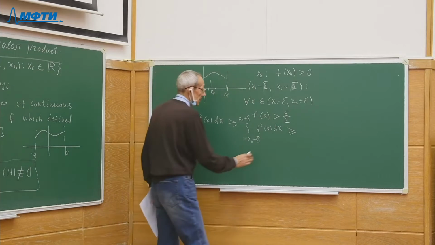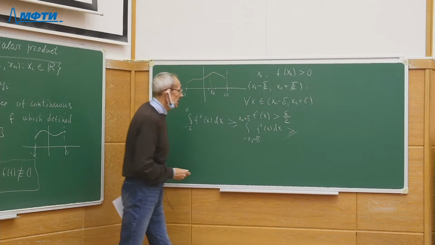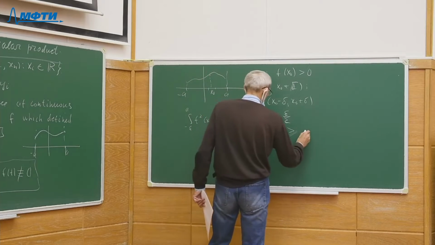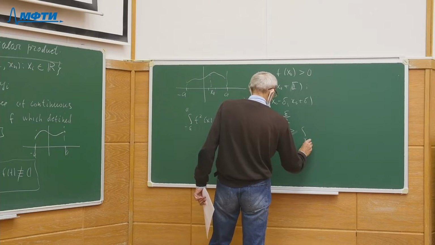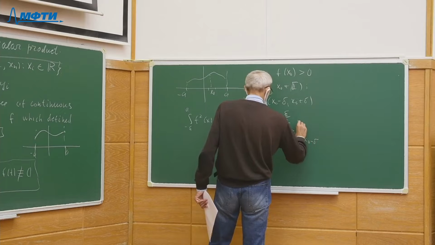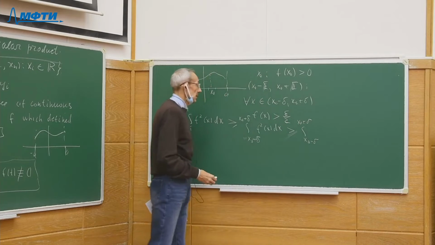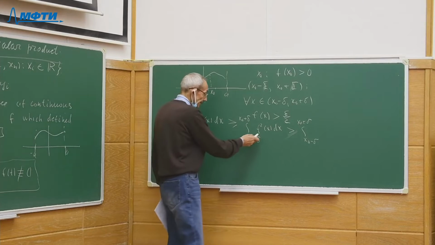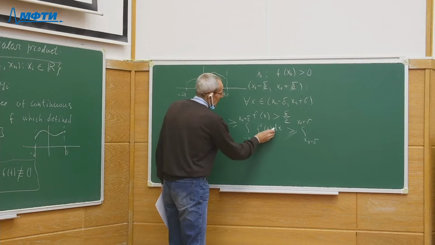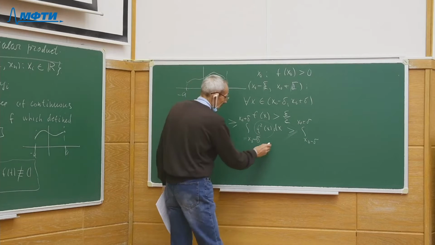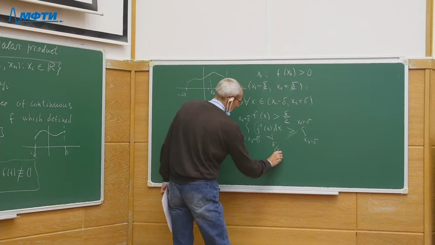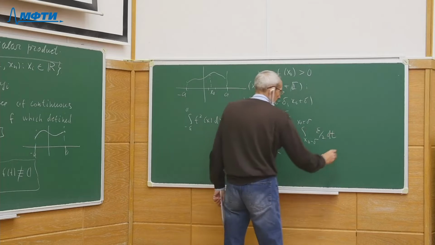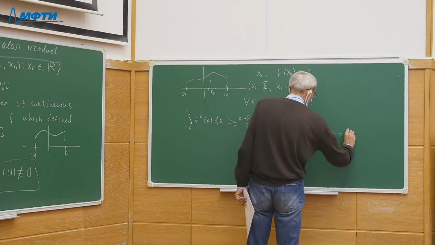And using this inequality, we have that the value of the last integral is strictly greater than the integral which we consider from the minimum of this function.